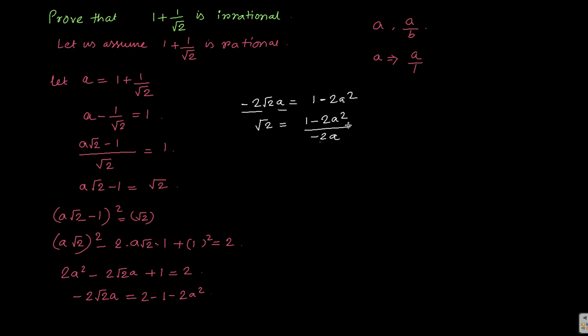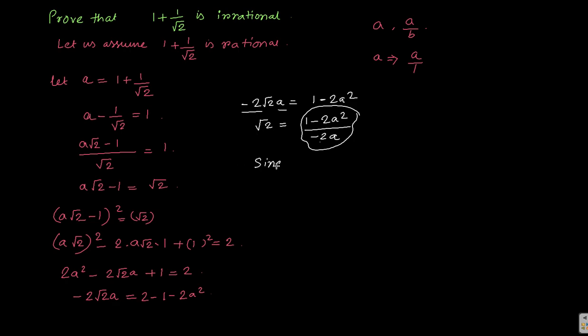Now, this is our motivation: we have to construct the right side in such a way that only rational numbers like a, 1, 2, that is, natural numbers, are present.